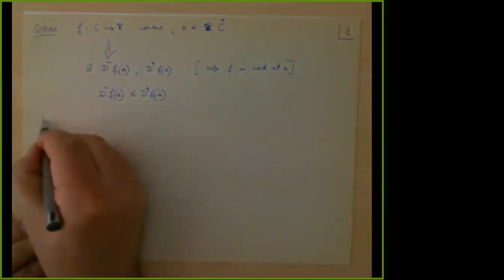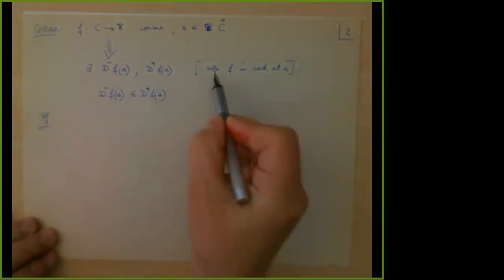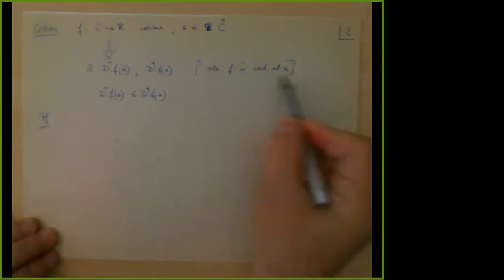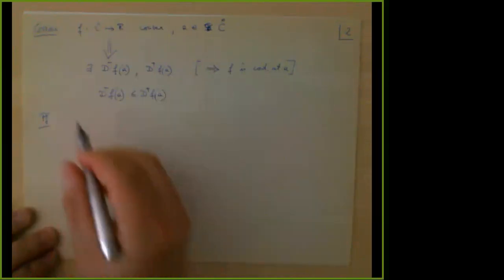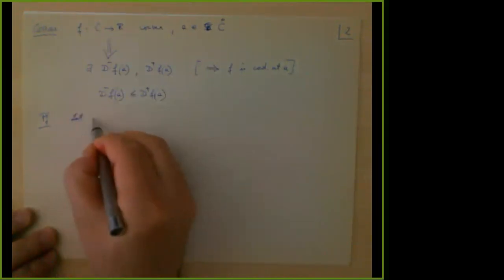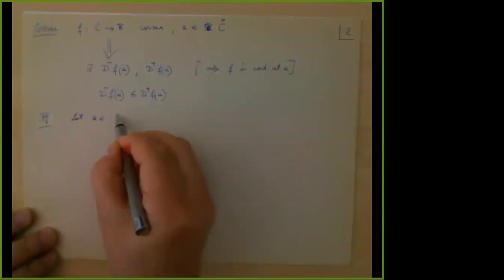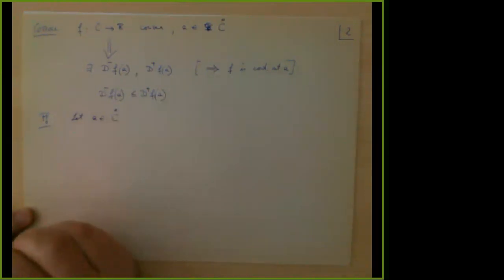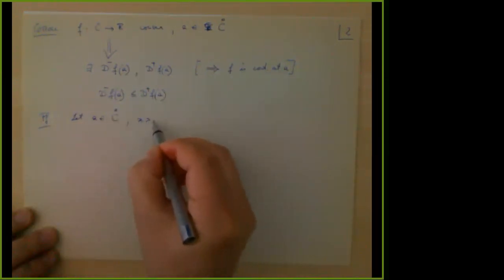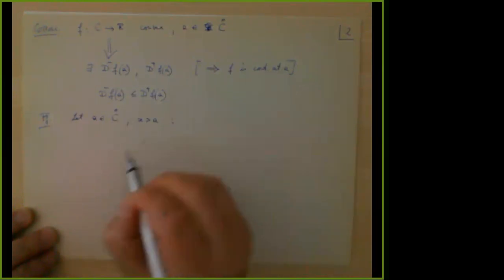Okay, so the proof of this is very simple, but let us give it. As I said, this implication doesn't need a proof. This is something that we know. So let A be an element of the interior of C, and take x larger than A. Then what does this imply?